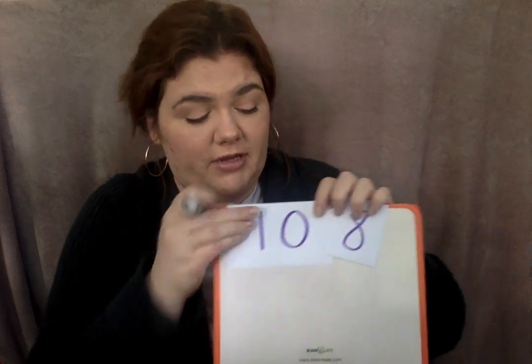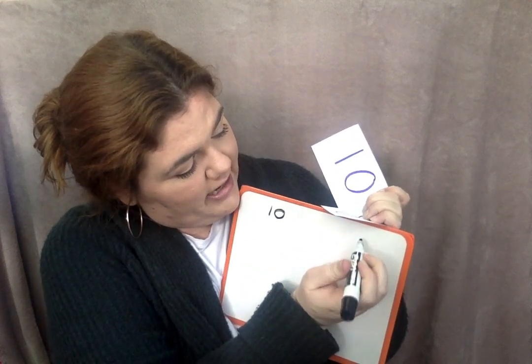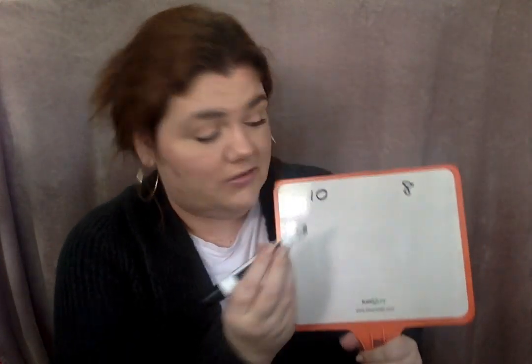But my 10 frames are going to look a little different, okay? So I want you to watch what I'm doing. I'm going to make 10, 8, okay? These aren't going to stick, so I just want you to pretend I'm going to write up here, okay? I'm going to put 10 here. I'm going to put 8 over here. I want you to watch how nice and neatly I make this, okay?